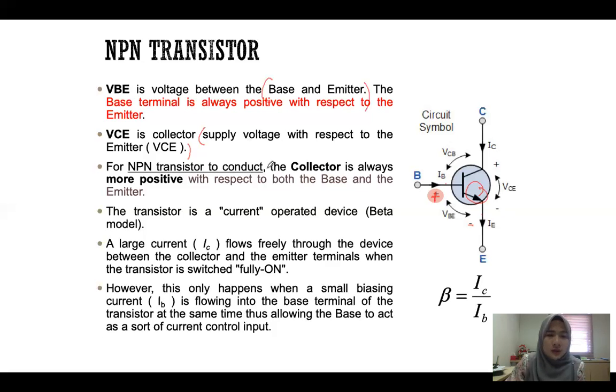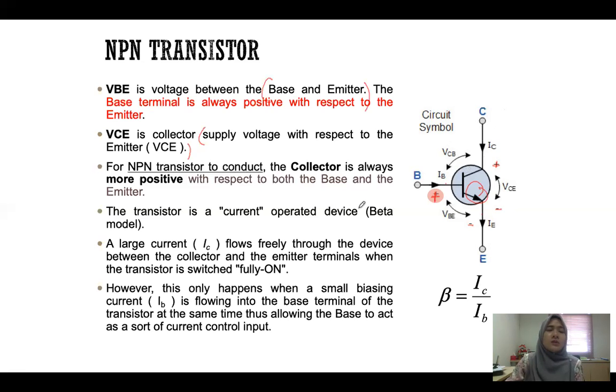This is also very important. That's why for the VCE over here, this is positive, this is negative, because the collector is always more positive. It is the same for this one, this will be positive, this will be negative.